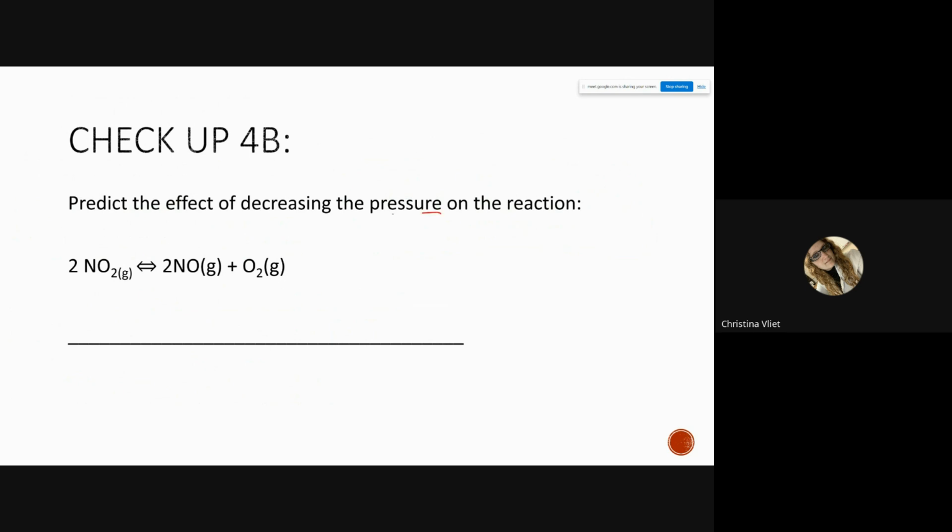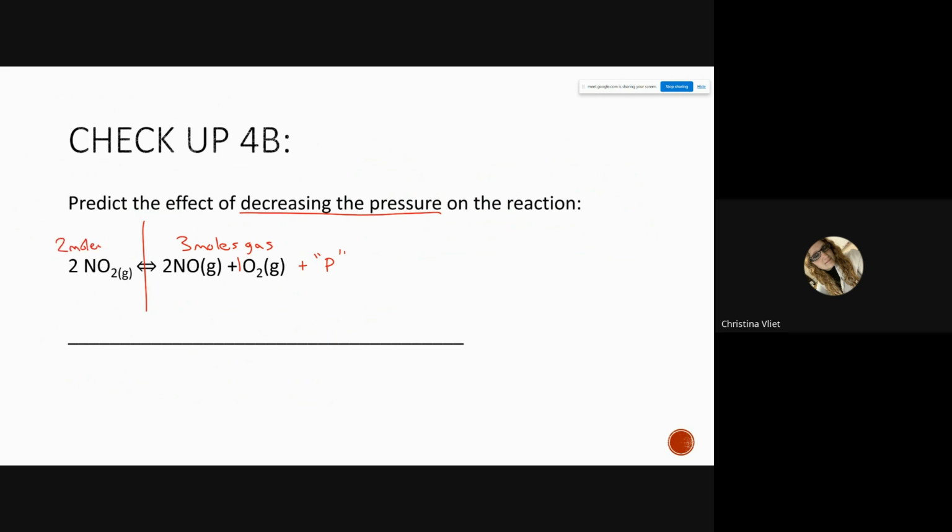You should always underline your key here. That's what it's asking for. What's the first thing to do? Count the moles of gas on each side. The right side has more moles of gas. So oxygen counts as one.